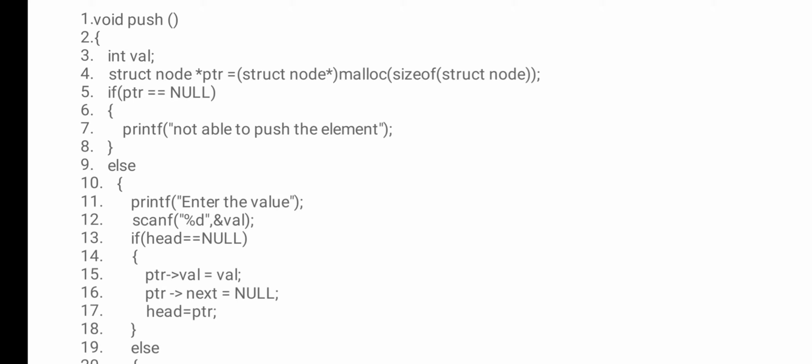Next, size of struct node. Already you have to know the size of function. Sizeof is a function which is used to find the size of the data type. Suppose sizeof integer, okay, which gives you 2. That means how much memory is occupied by that particular data type.